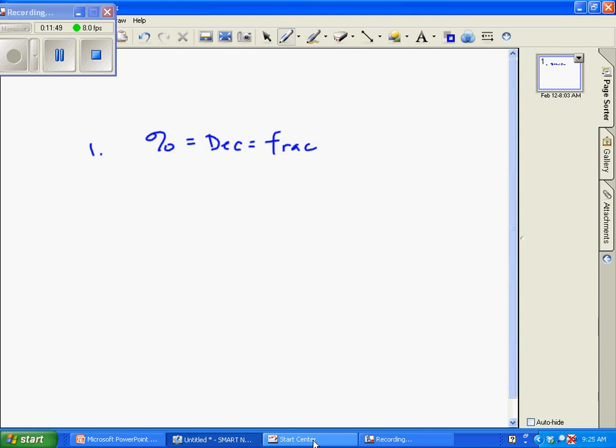Claire, what part? Turning the decimals and the percent into a fraction. Okay, going to a fraction. So I'm going to start with, let's do 37.5%. Okay, and you want to be able to change that into a fraction?